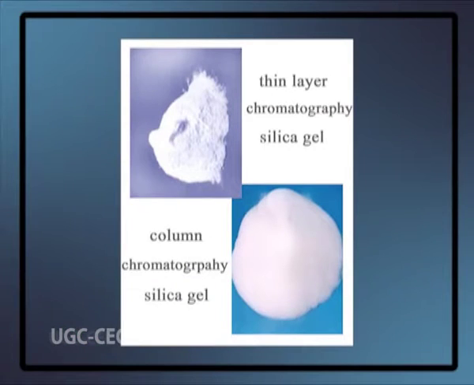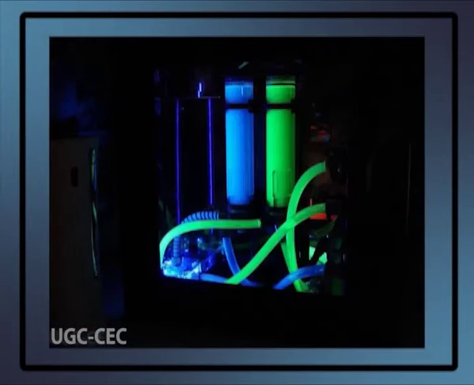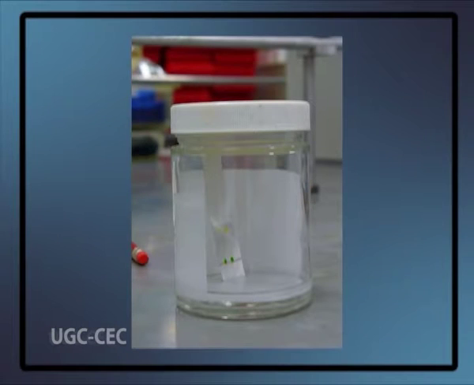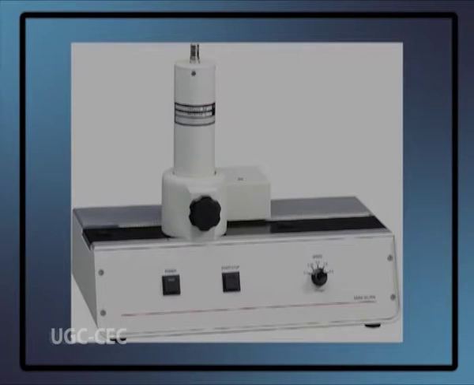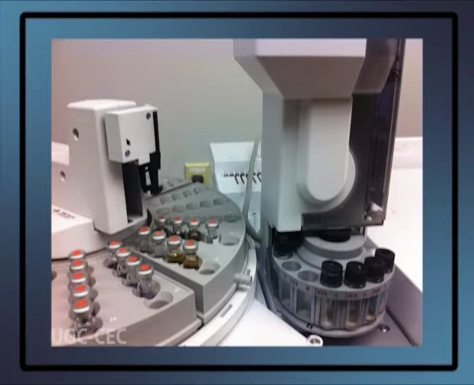The stationary phase is a thin layer of adsorbent, usually silica gel or alumina, coated on a plate, and the mobile phase is a developing liquid which travels up the stationary phase, carrying the sample with it. Components in the samples will get separated on the stationary phase according to how much they adsorb on the stationary phase versus how much they dissolve in the mobile phase.